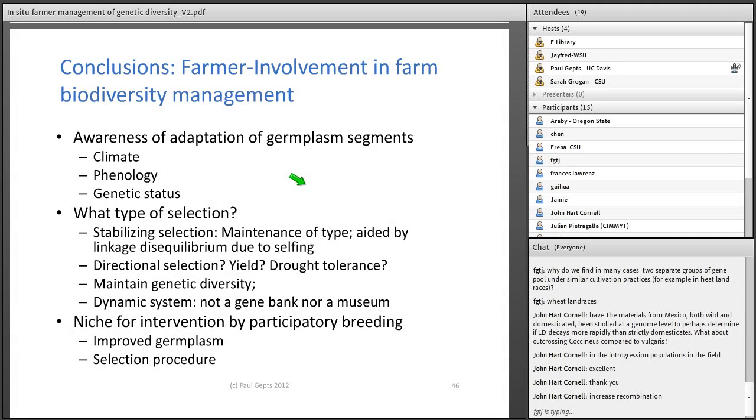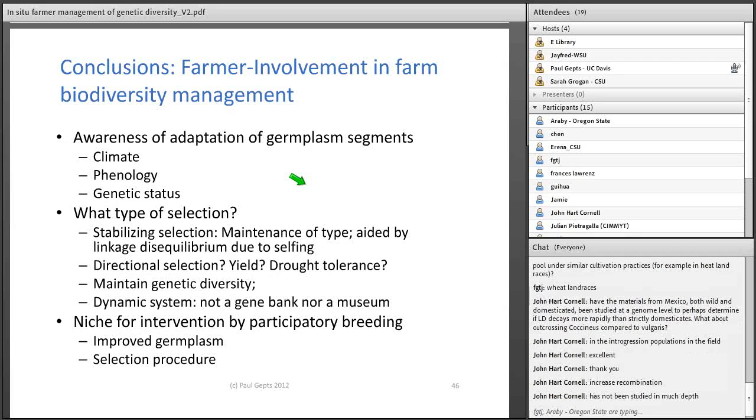So the question here of John is if we have studied LD in wild and domesticated types.